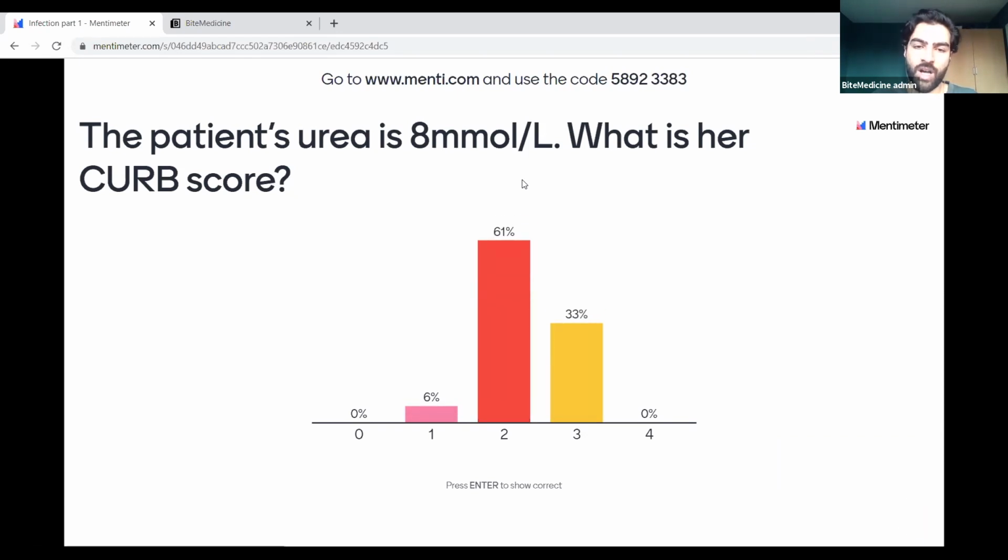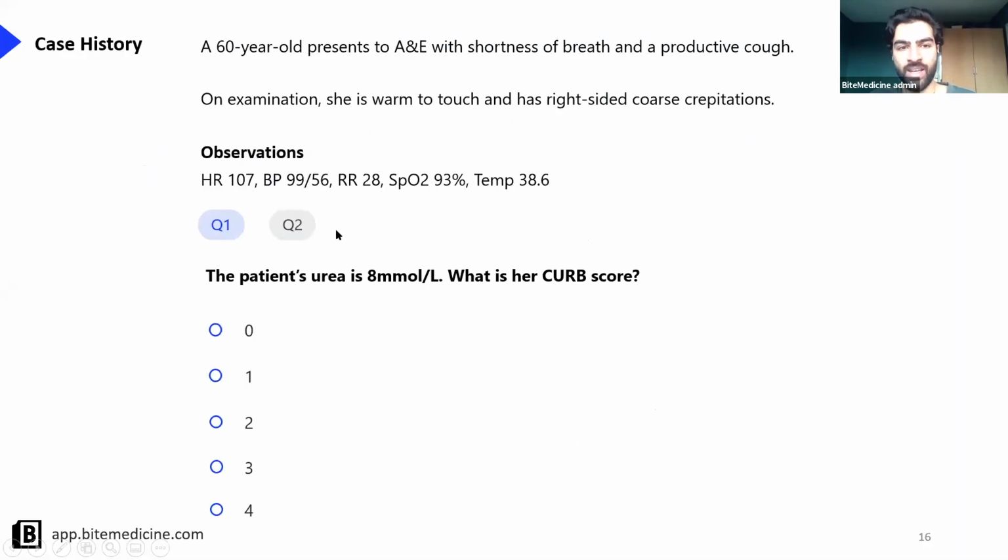Okay, so we've got a CURB of 2 as the majority answer. For those of you who answered 2, why has she got a CURB score of 2? Urea and blood pressure, okay, good. So there was a little trick in this question, which most of you didn't fall for, so that's very good. Her heart rate is 107. Heart rate's not relevant for the CURB score.